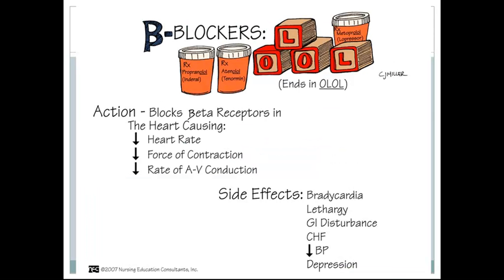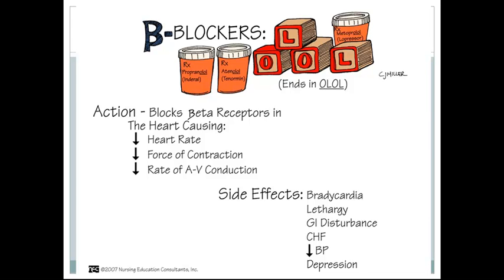For beta blockers, the most common that you will come across are propranolol, atenolol, metoprolol, and carvedilol. Those 4 are the most common beta blockers. They will always end in OL. The action that they take, they block the beta receptors.